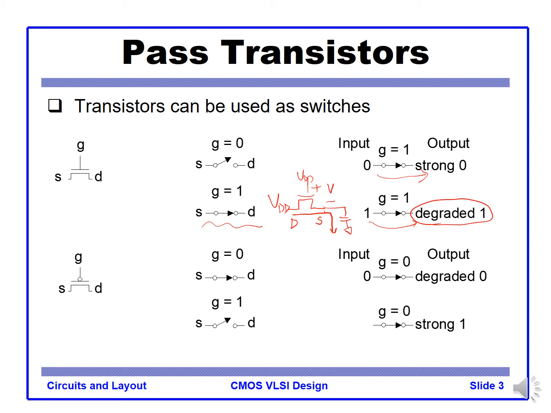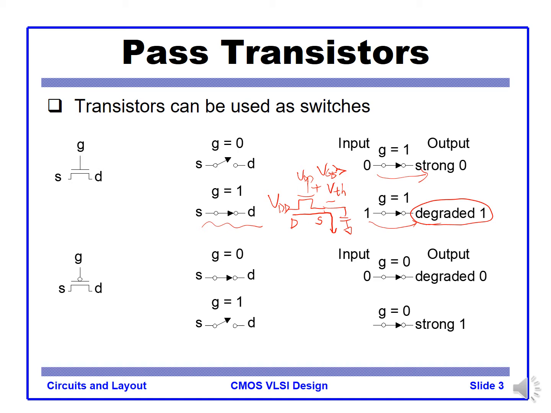So for this transistor to be on, VGS must be greater than VTH.